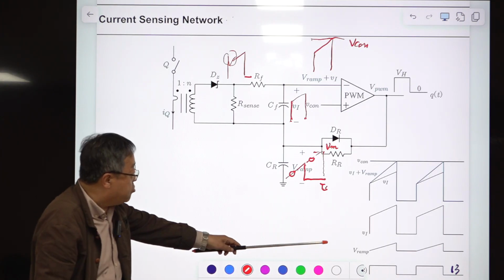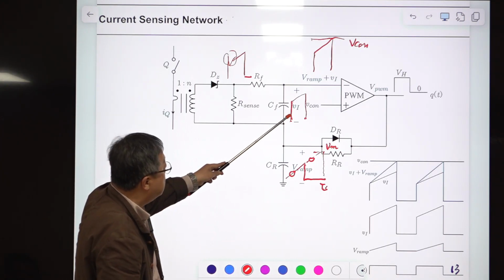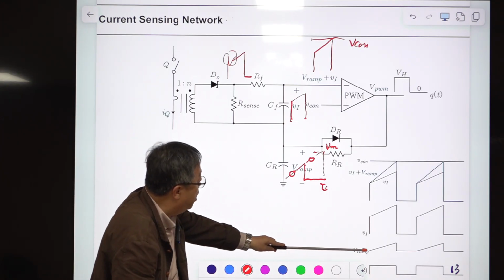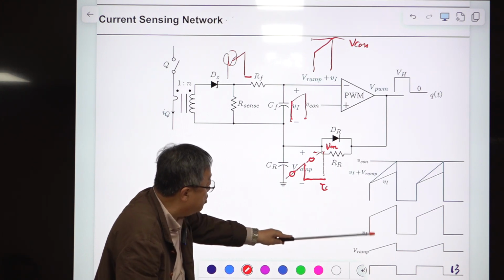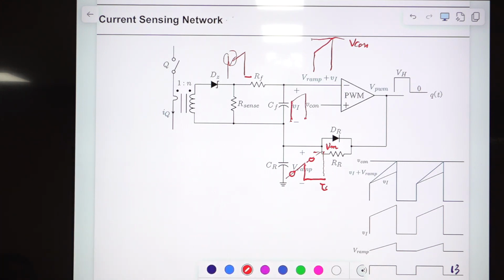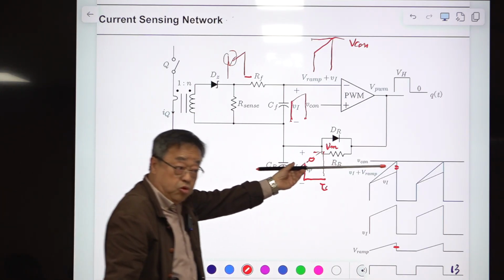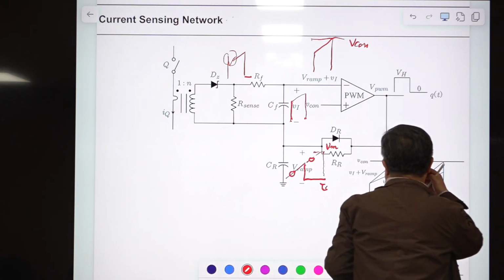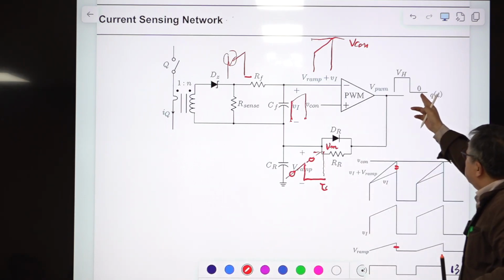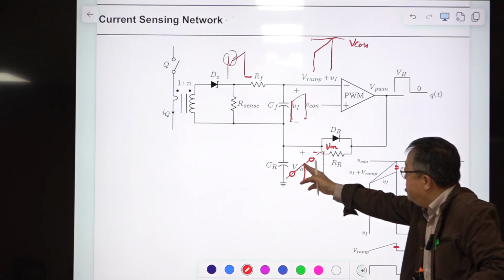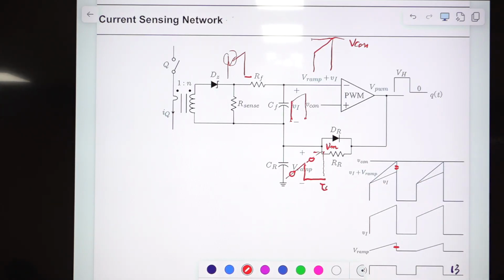So this is VI. VI is this one. And this is V ramp, and V ramp is added here. So the height of this much is added here, and that is compared with this control voltage. When they meet, the switch is turned off, this voltage becomes 0, and this ramp is discharged instantaneously.